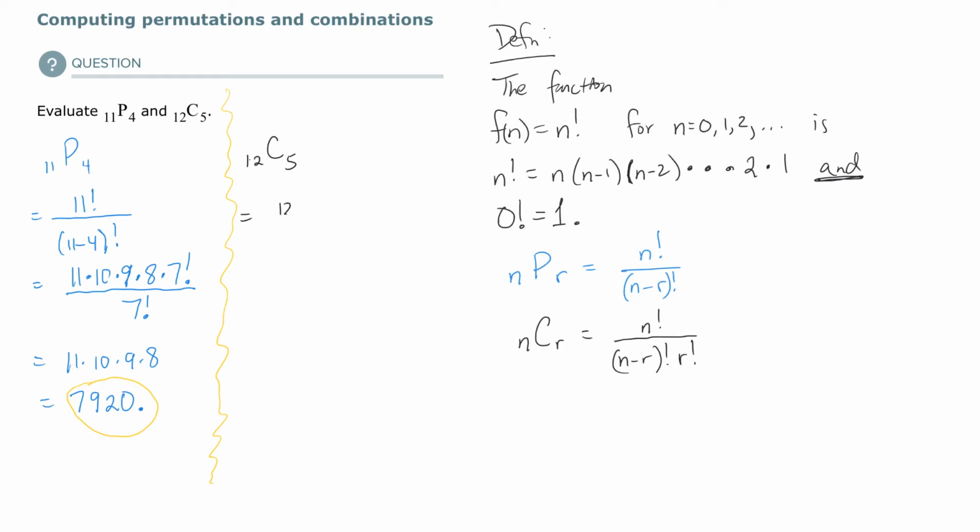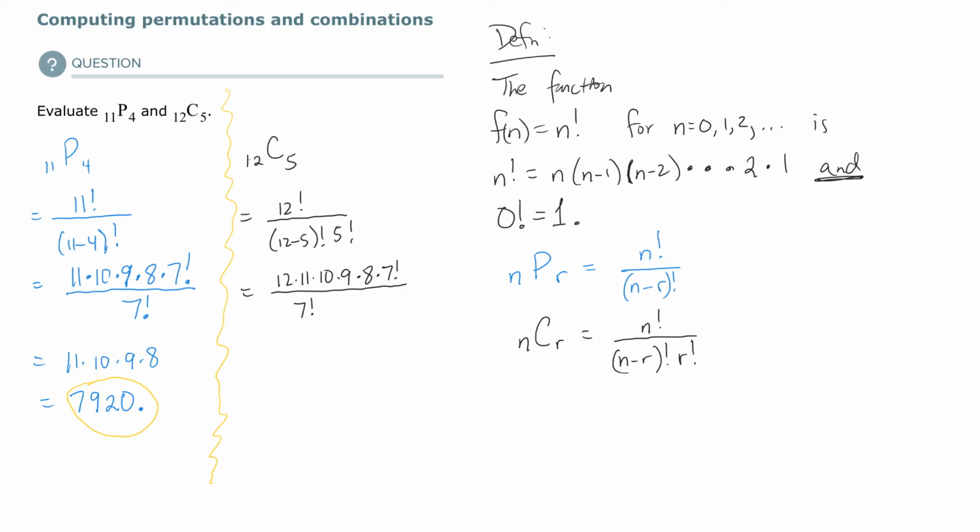Now we have 12 factorial in the numerator. We would have (12 minus 5) factorial times 5 factorial, which equals, well, let's go 12 times 11 times 10 times 9 times 8 times 7 factorial, all over 7 factorial times 5 factorial.